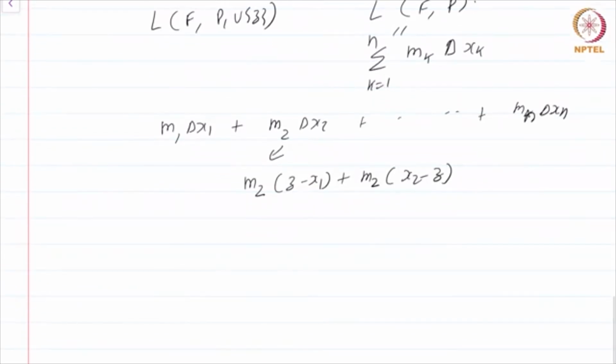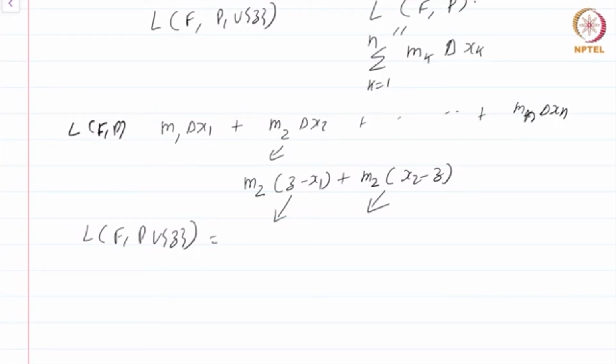So this is L(f, P). Now if you consider L(f, P union {z}), observe that all terms will be the same except these two terms, which will possibly get larger. Why? Because you are taking the infimum on a smaller interval, and when you take the infimum on a smaller interval, it can only increase.